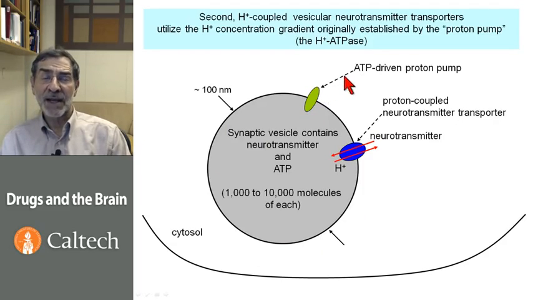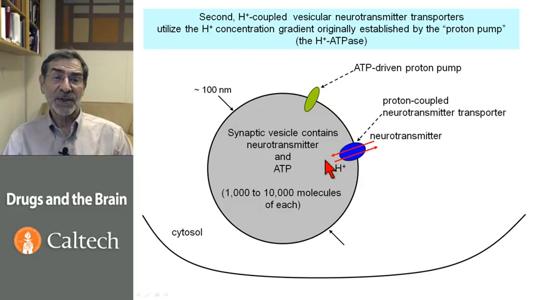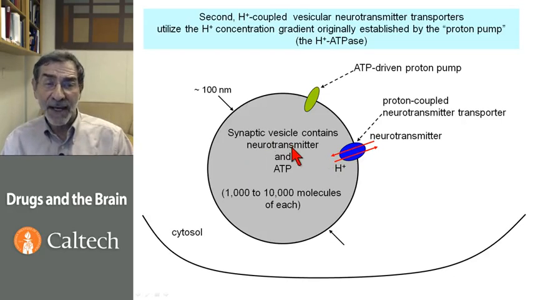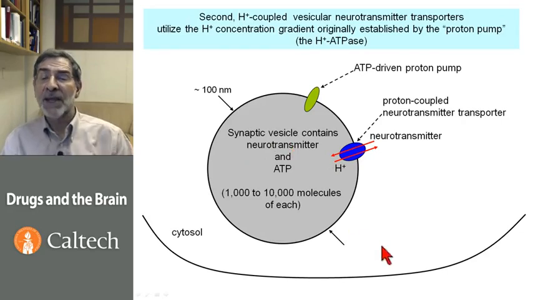So there is an ATP-driven proton pump that puts protons into the synaptic vesicle, and the proton-coupled neurotransmitter transporter that exists in the synaptic vesicle membrane exchanges those protons for a neurotransmitter. So we have four types of transporters getting neurotransmitter into the synaptic vesicle.